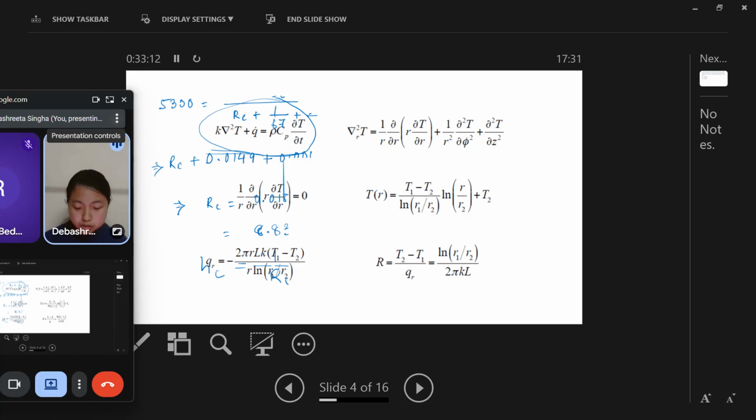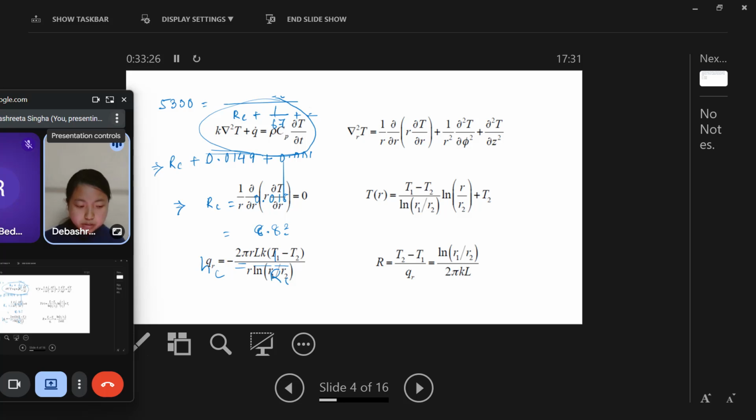This was the general heat balance, which you can use for any system. It is just in minus out plus generation equal to the accumulation term.